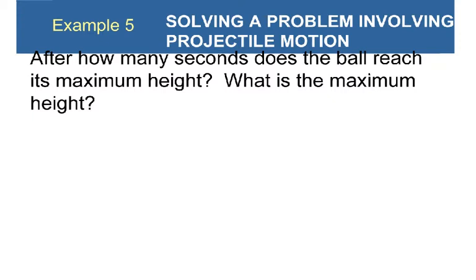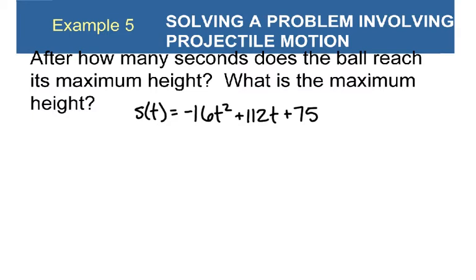So looking back at our function that we just stated in the previous slide, sorry, not f of x, it's going to be s of t equals negative 16t squared plus 112t plus 75.